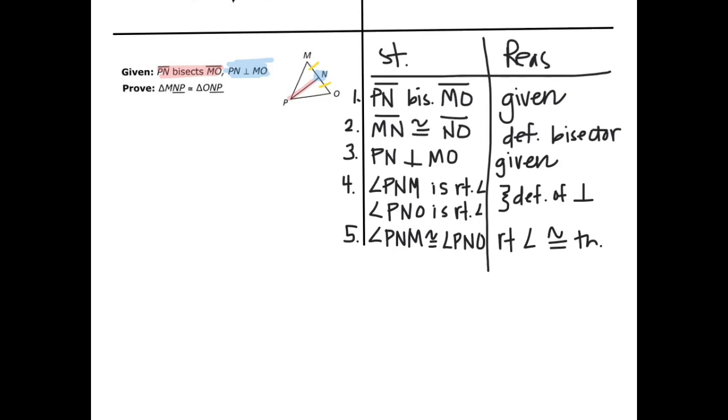So the next side that makes sense is the one that is the easiest to talk about, and that is that PN, which is the segment that provides a side to the first triangle and the second triangle, is congruent to PN. And there's that reflexive property of congruence again, where the one side is congruent to itself.